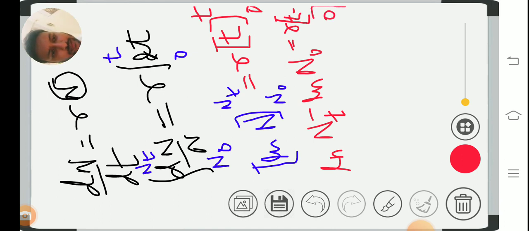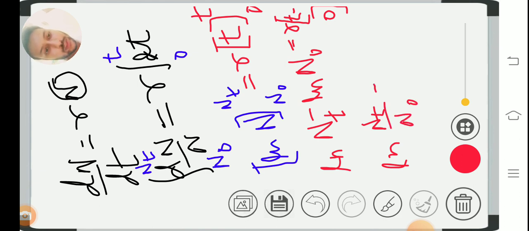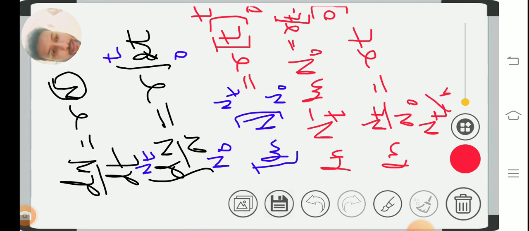Okay, so ln a minus ln b is ln a by b, is equal to rt, and if we take ln to the other side, it becomes Nt by N naught is equal to e to the power r into t.